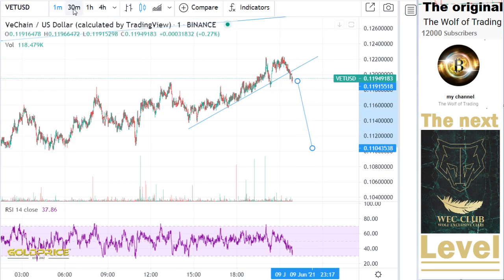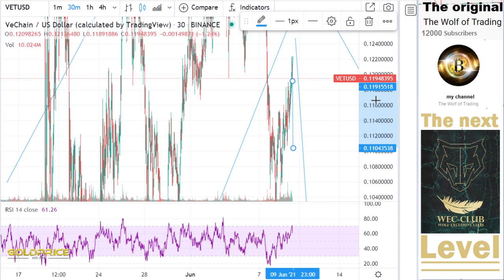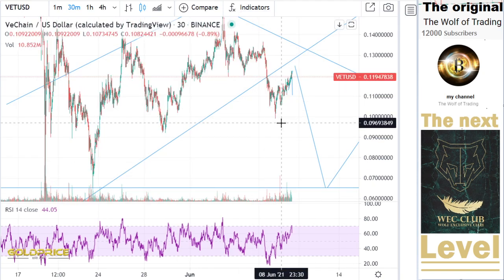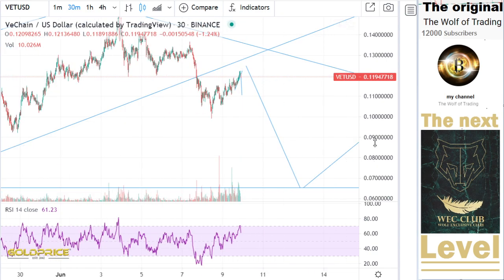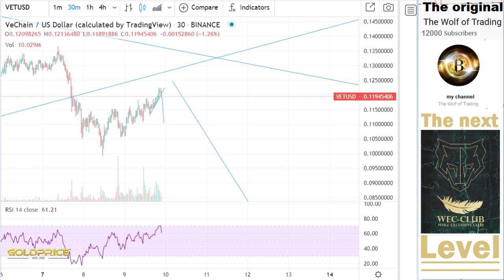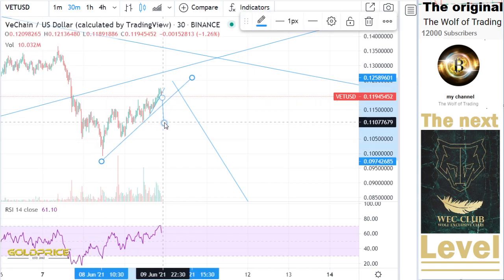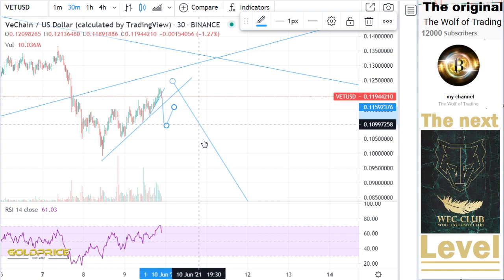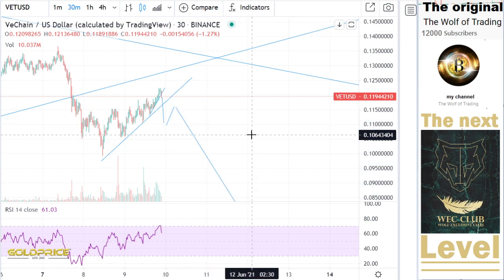You can see the next move is something like that. And if this is happening, you can see that our trend here is broken to the top side. That means here is danger, and the price will drop to the downside.